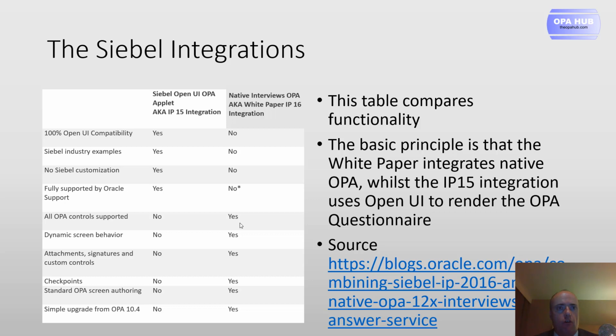And OPA evolved much faster, being a cloud product. It evolved very quickly, and there were lots of control types that you couldn't implement in the integration with IP 15.5. Whereas now with the white paper, because you're using the native OPA interface, you get everything, all the richness that OPA provides, embedded into Siebel.